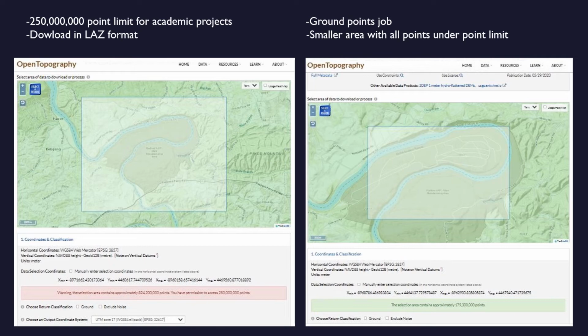So I will download my whole area with ground points only. And if you look at the right, I'll then select a smaller area inside the ammunition plant that also includes the New River with all points. And that'll be under the 250 million points.